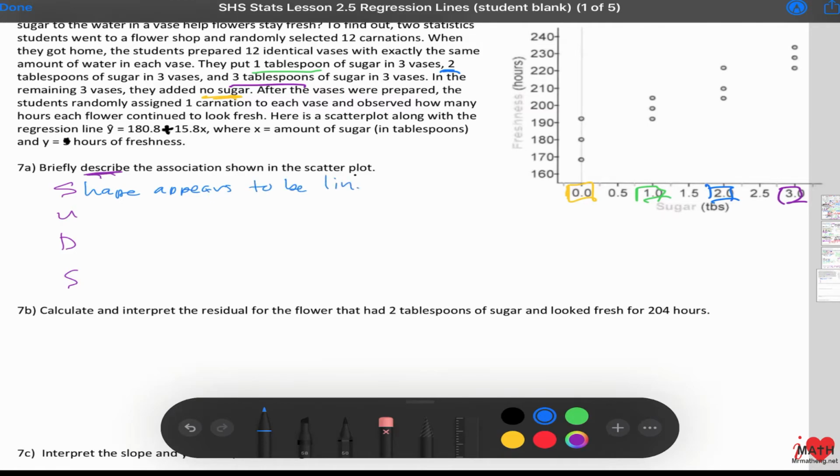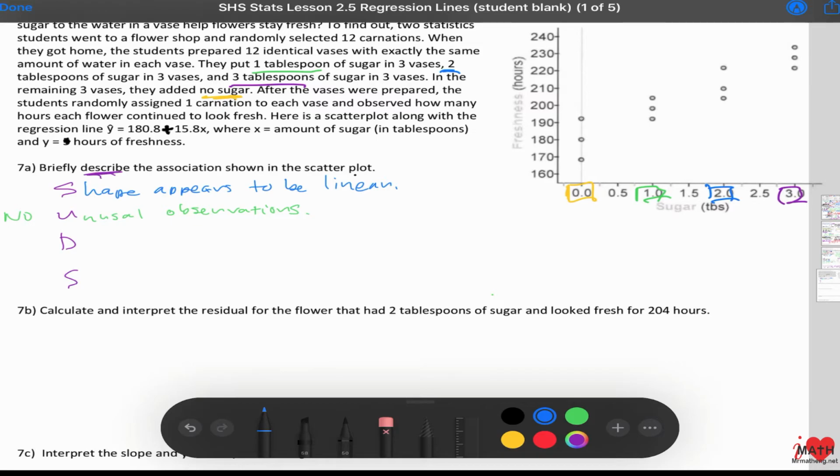Linear? Anything unusual? No unusual observations, right? Or no unusual data points.